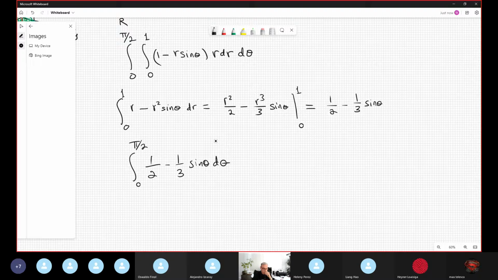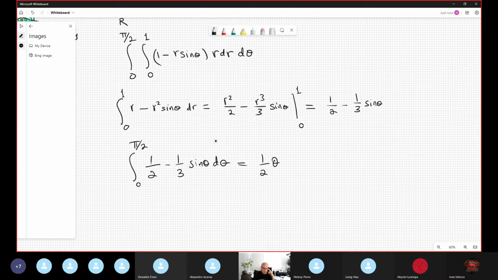Well, the first antiderivative is 1/2 theta, because it's a constant, no? So integration of theta with respect to theta is theta.